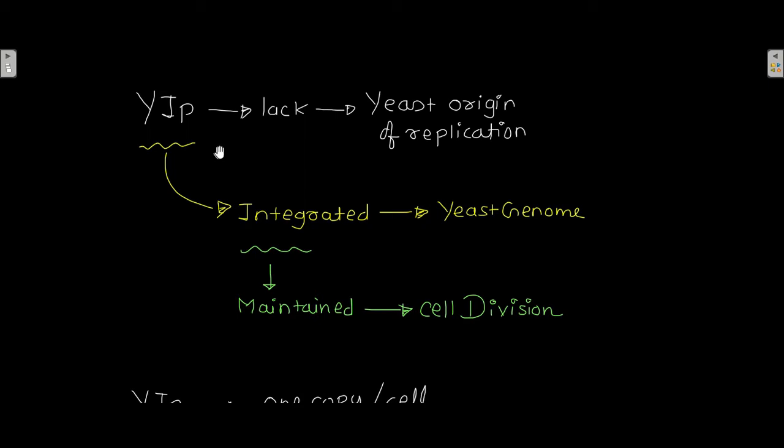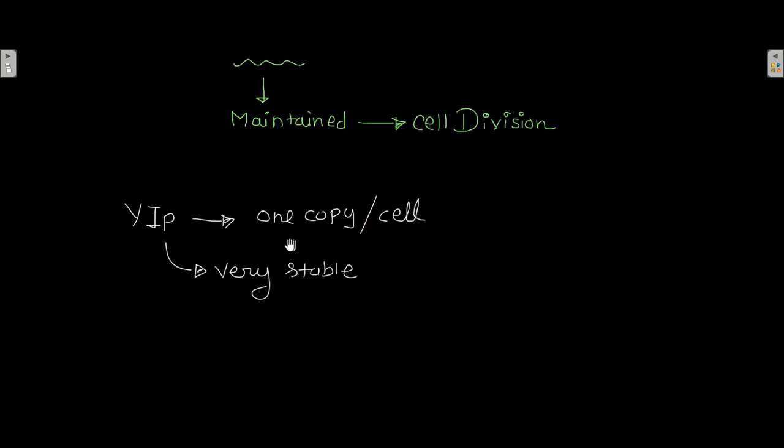So it is mandatory for the yeast integrative plasmid to get integrated into the yeast genome. YIP is present in just one copy per cell, and YIPs are very stable vectors.